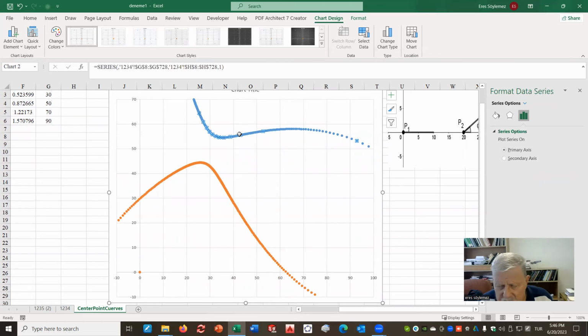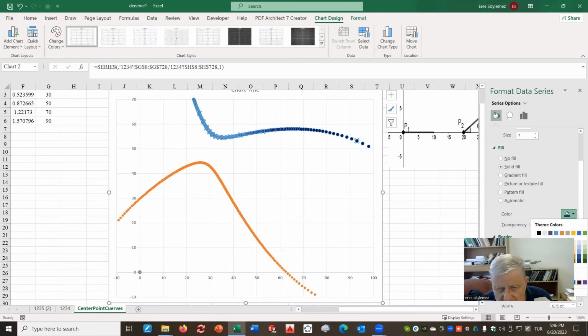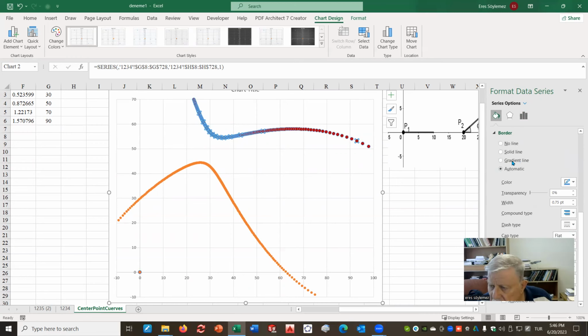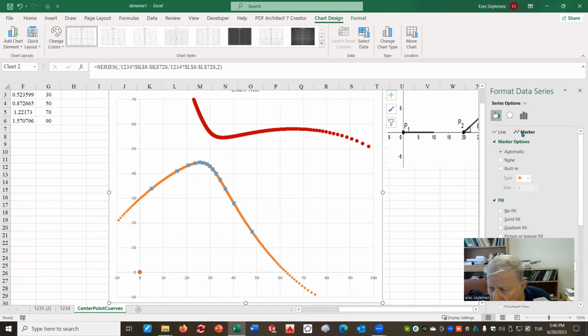Now I will change these colors. Marker options, built-in, make it smaller. Solid fill, I'll make it red. Solid line, make it red. Okay, again this one. Marker, built-in. I think I should decrease the size as well. Not that much, okay, this is good enough.